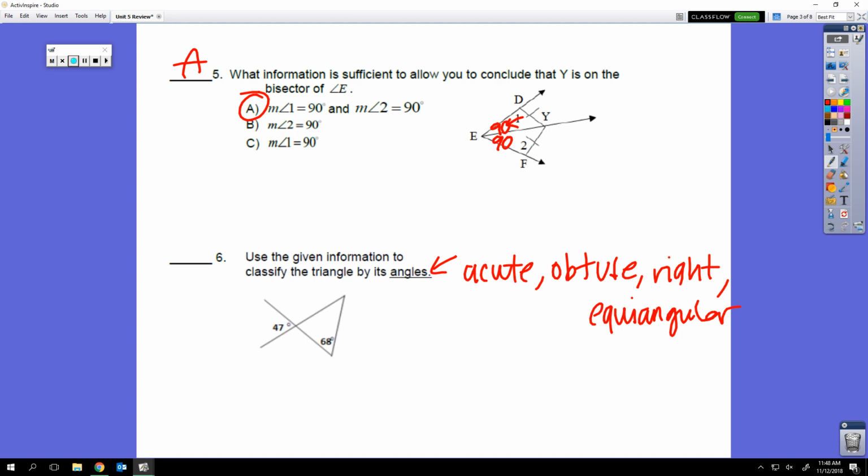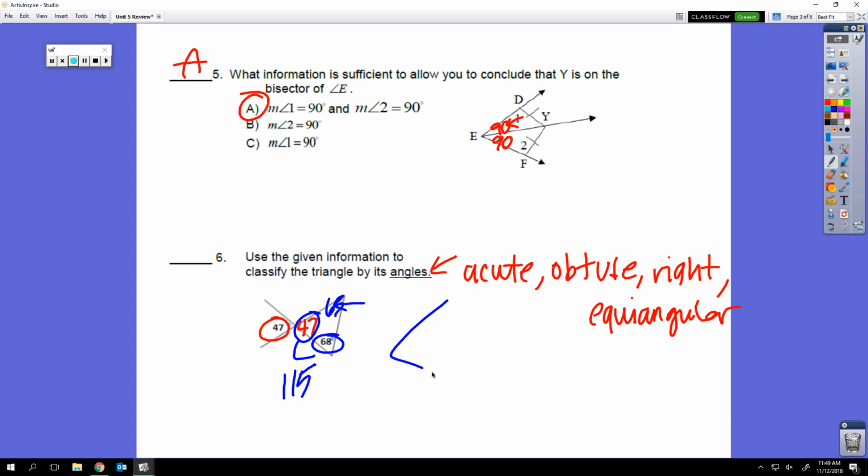So if we look over here, I know if this angle here is 47, I know the angle vertical from that is also 47. Now you can see that we know 2 angles in this triangle. I know 68 and 47, so now I can find this other missing piece. So 47 plus 68, those add up to be 115. Now I'm going to do 180 minus 115, and that missing angle is 65.